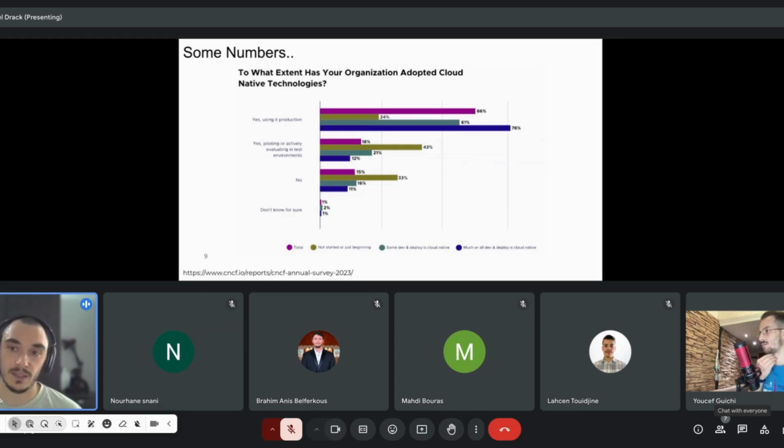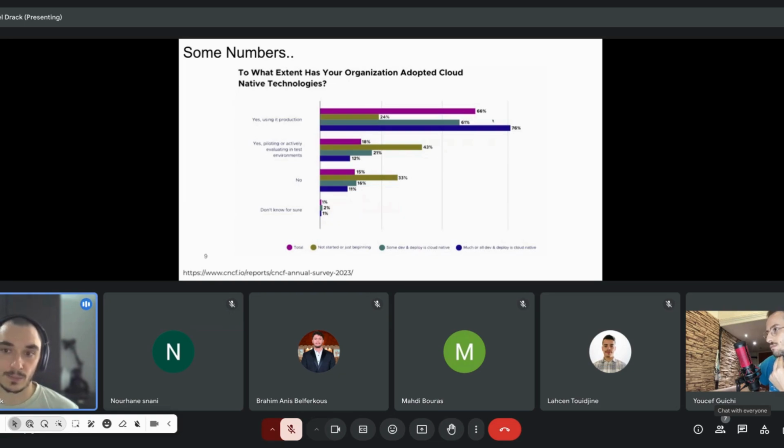And what we can see here is actually quite impressive, that about 76% of all asked companies are actually using cloud native technologies in production already, and in other stages as well.